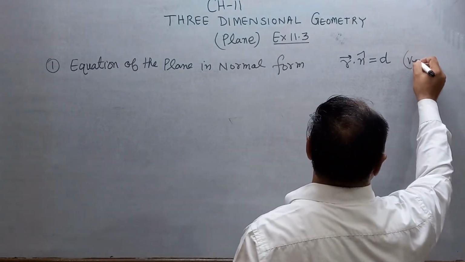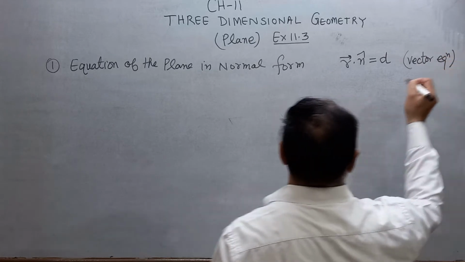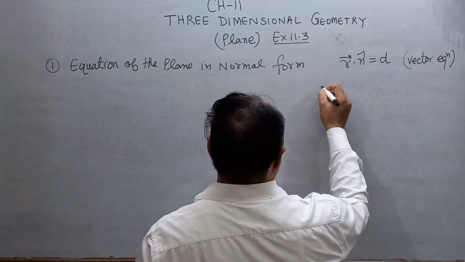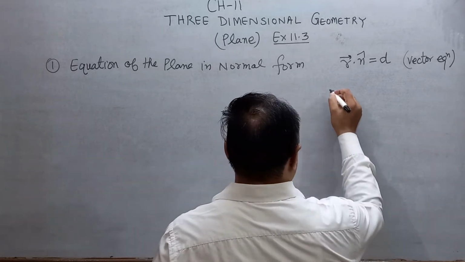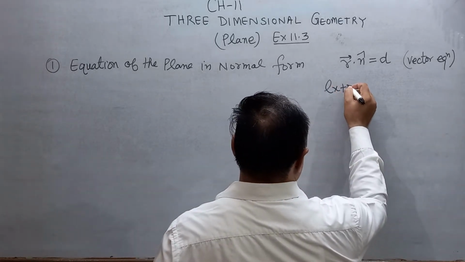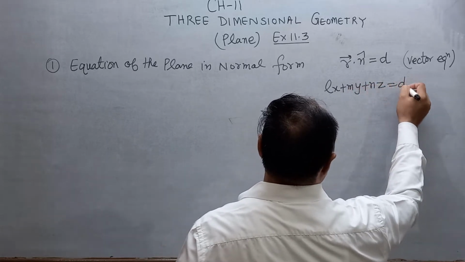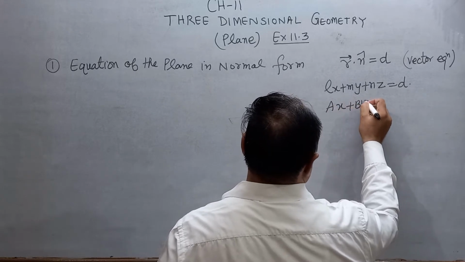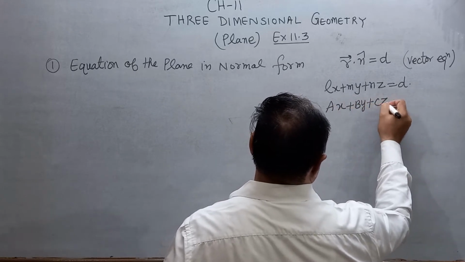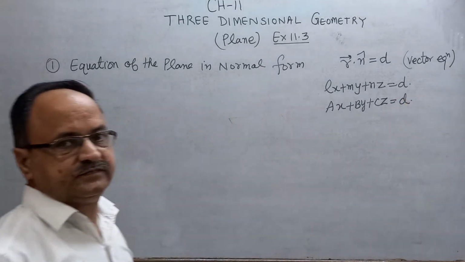And the Cartesian equation of the plane, that is lx plus my plus nz is equal to d, or you can say ax plus by plus cz is equal to d. Clear?